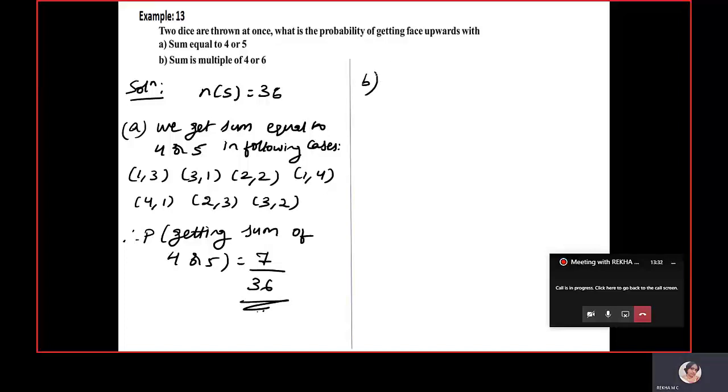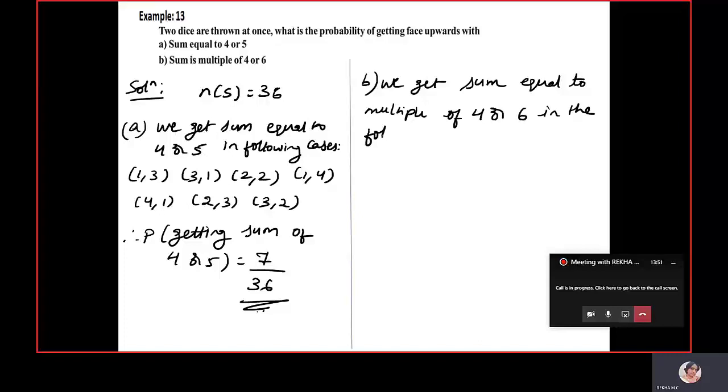Subquestion B, sum is multiple of 4 or 6. We get sum equal to multiple of 4 or 6 in the following cases.